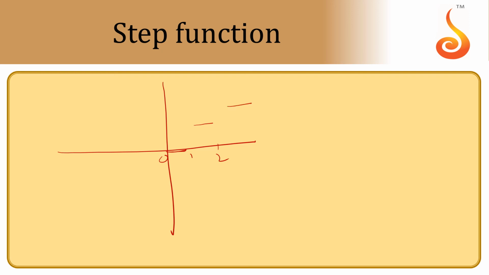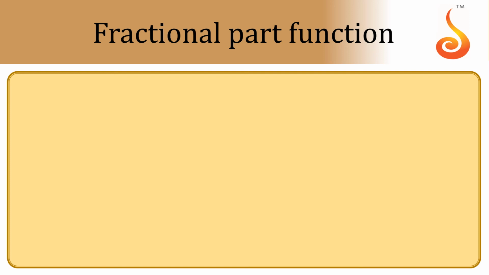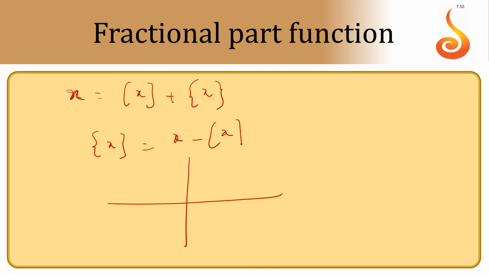This is step function. And the fractional part function, actually any real number you can split into step plus fractional part. So fractional part is nothing but x minus step x. So its graph will always be from 0 to open interval 1.